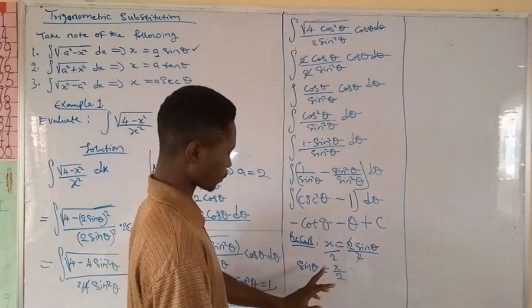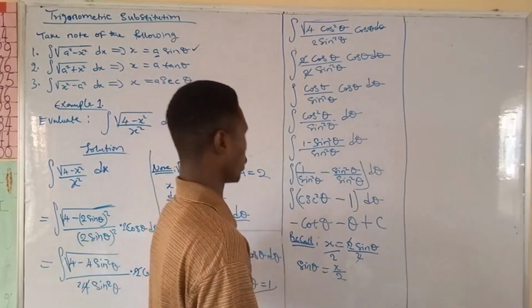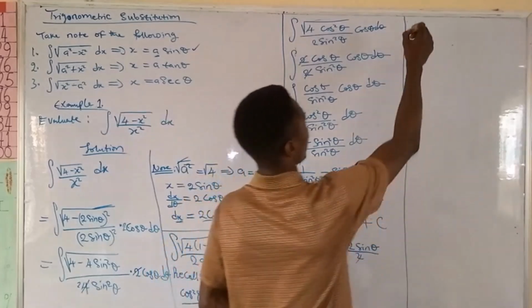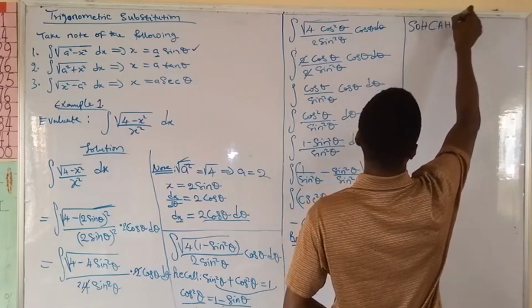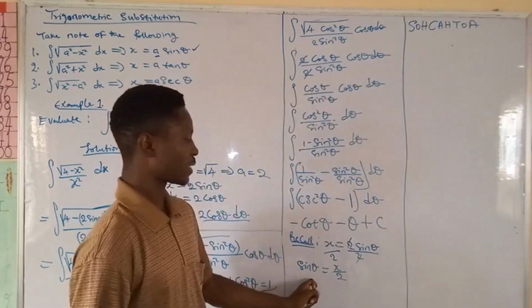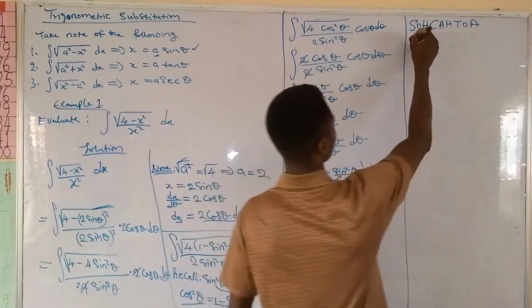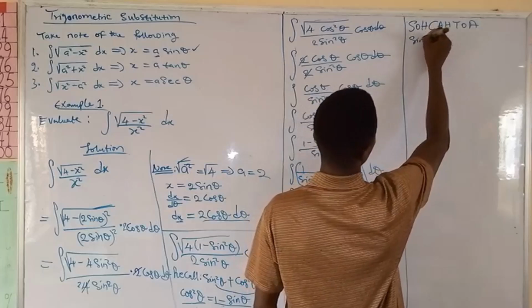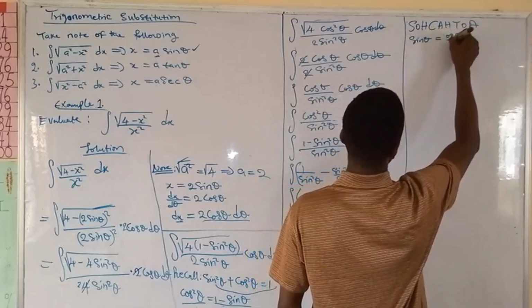How? We check using the trigonometric ratio, which we know as cosθ. So knowing that sinθ is equal to x over 2 means sinθ is equal to opposite over what?